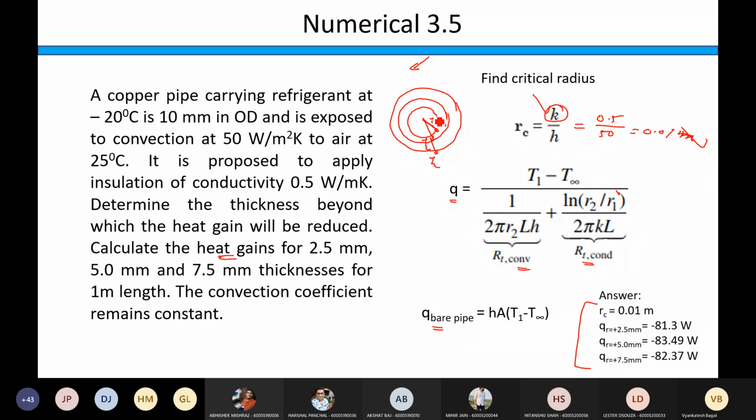Where it is written, a copper pipe carrying refrigerant at minus 20, 10 mm in OD, outside diameter, this is the diameter, not the radius. So the base radius, or R1, whatever notation you are using, is half of this, 5 mm.